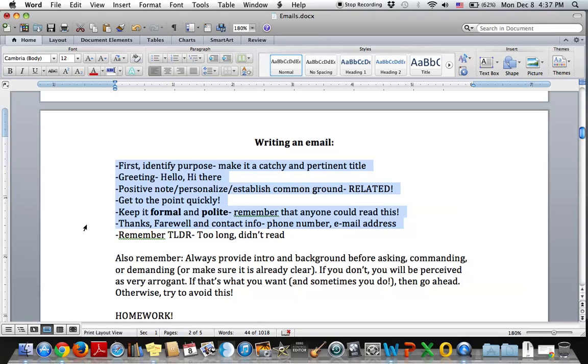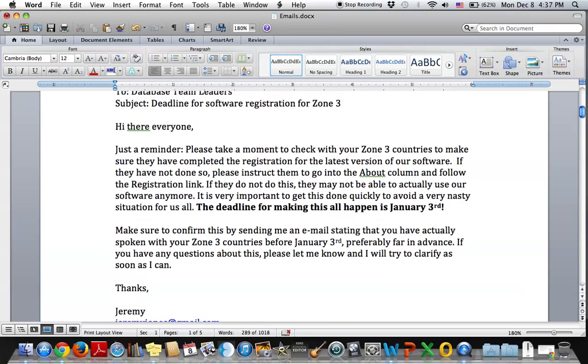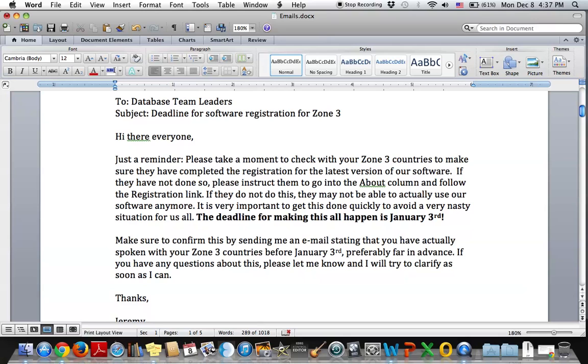There's one other really important thing to remember, and that's this, TLDR, too long, didn't read. If your email is too long, people will not read it. This one right here, the second email, this is about as long as you want most emails to be. Anything longer than that, and people are probably not going to read them.